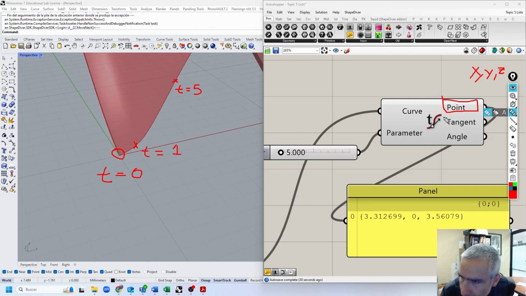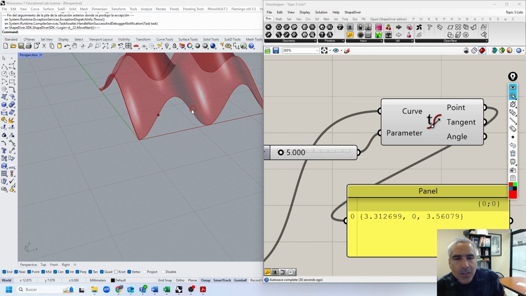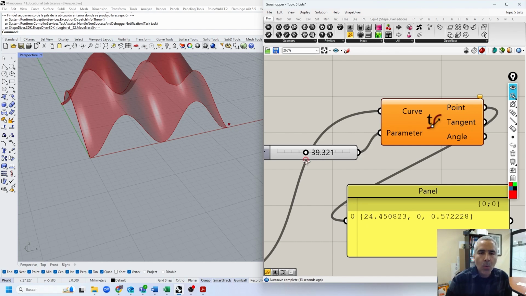So that's another output that you get, and you get what it's doing. If you keep walking along the curve, eventually you'll go outside the curve, and Rhino and Grasshopper will no longer know what to do with that number.